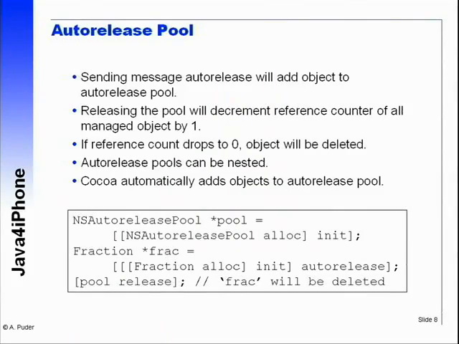Now the next thing is I again create an instance of class Fraction. Notice that I not only call alloc and init, but I also send it yet another message called autorelease. That's a message that is also inherited from the base class NSObject. By invoking autorelease, this fraction is going to be added to the autorelease pool.